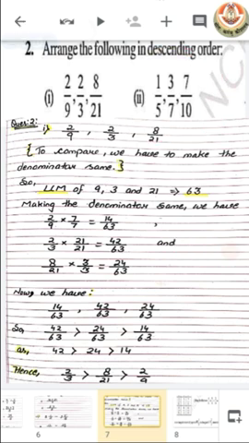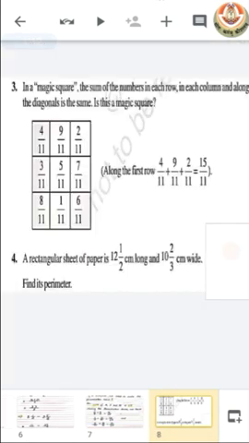Now question number 3 is activity based. This is a magic square.